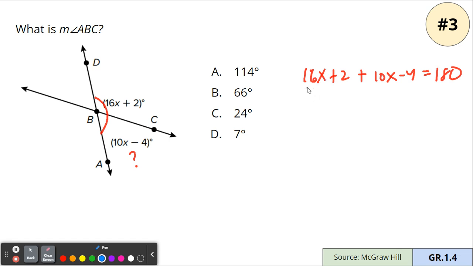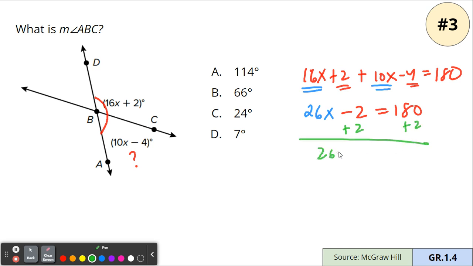Combining similar terms, 16x and 10x will give us 26x. And then 2 and negative 4 will be minus 2, equal to 180. Then applying the inverse of minus 2, we add 2 on both sides of our equation. So you have 26x is equal to 182.